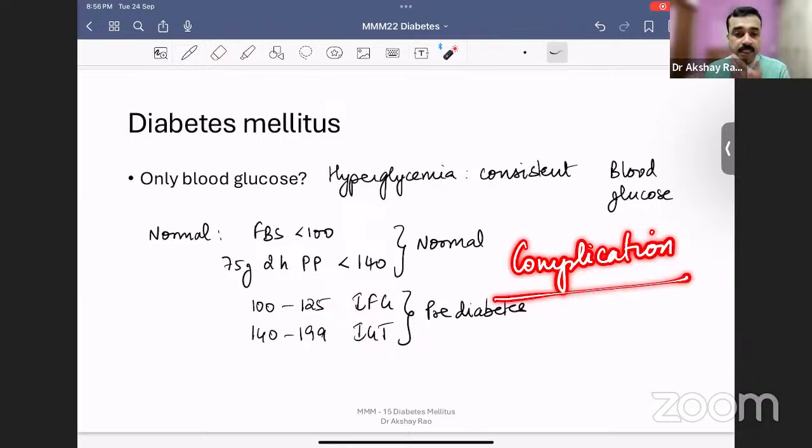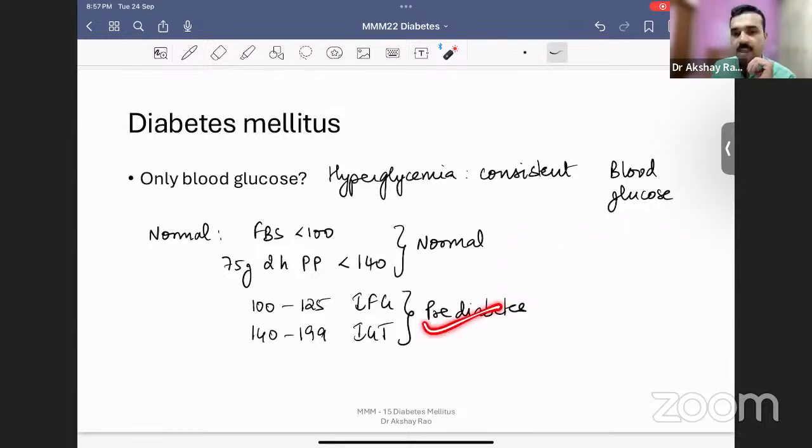From your community medicine days, primordial prevention is trying to instill good lifestyle habits and measures to prevent the disease in the first place. Primary prevention would be, if you catch them at this stage, you can try and prevent diabetes from happening through active lifestyle measures. Secondary prevention is when a person has got the disease, but at least let's prevent the complications of that disease.